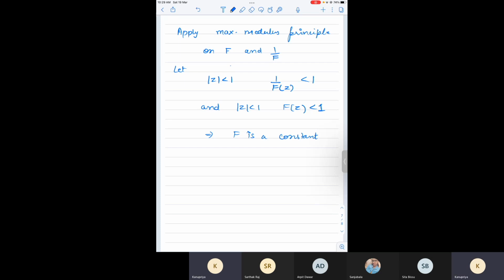For any interior point, it should be less than 1. 1 by F should also be less than 1 and F should also be less than 1, which will imply that modulus of F(z) is always 1 on the disk, which implies F is a constant function. Is it okay?